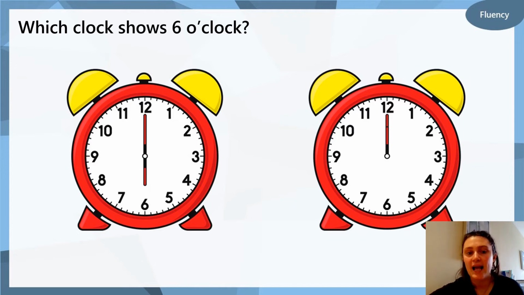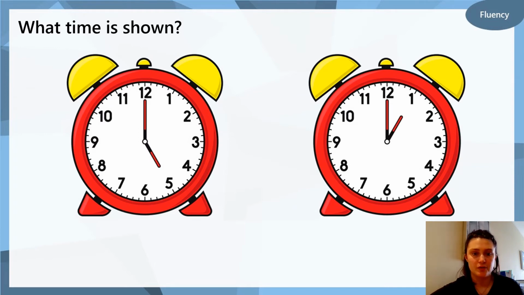So big hand at 12, small hand at 6 means it is 6 o'clock. Big hand at 12, small hand at 12 means it is 12 o'clock. So our question is, which clock shows 6 o'clock? Very good. The clock on the left shows 6 o'clock.